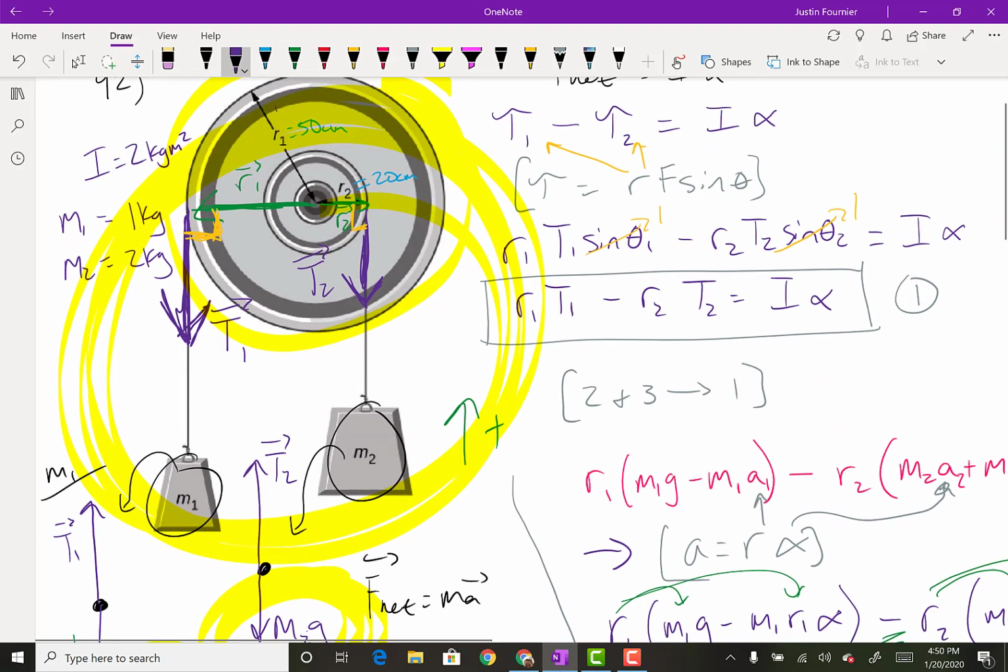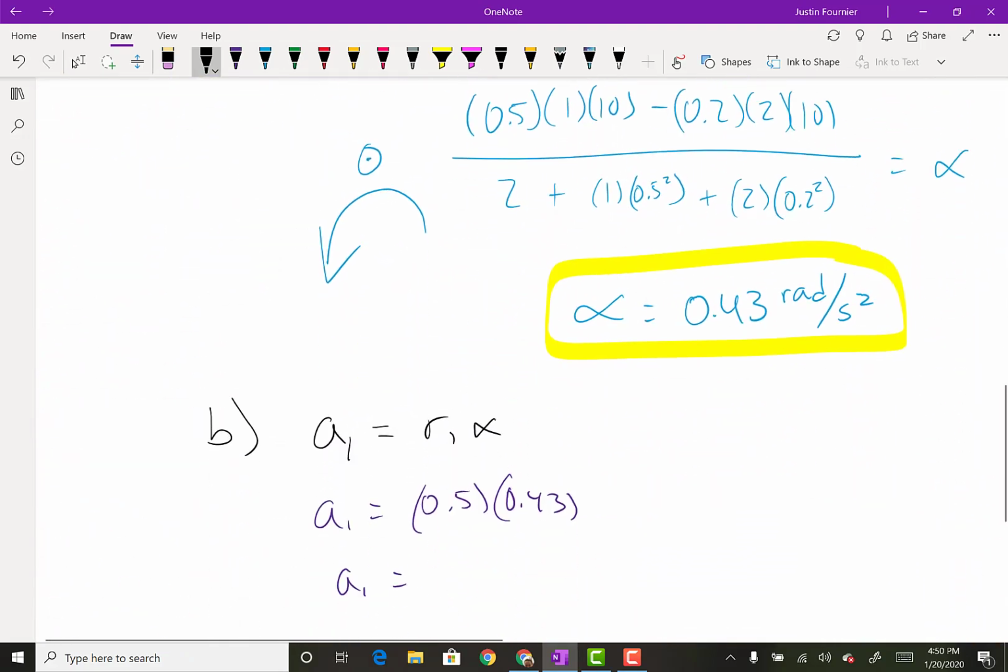If you want to think about this before you do it, you'd be thinking that M1 should have a greater linear acceleration than M2 because M1 is further away from the axis of rotation. Okay, so let's see if that's the case.